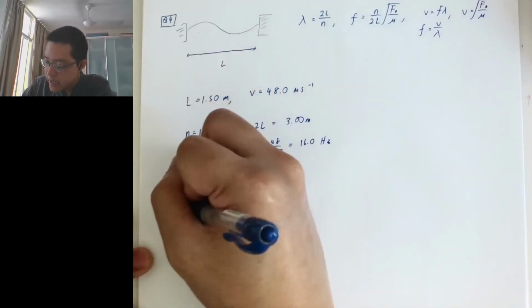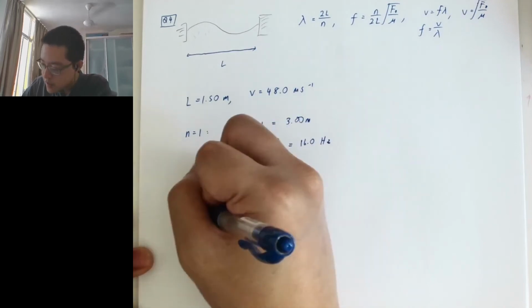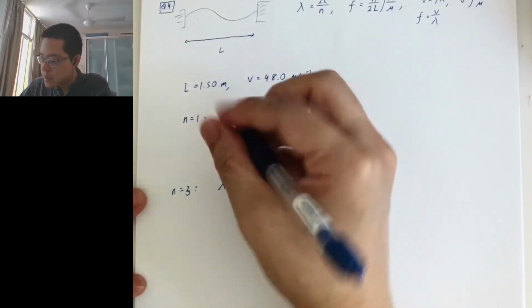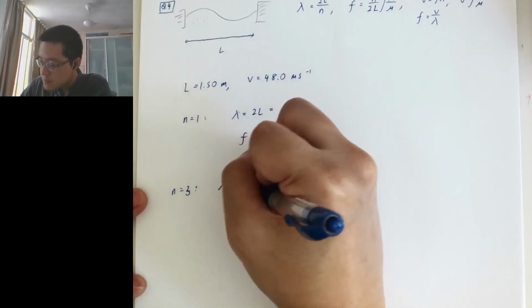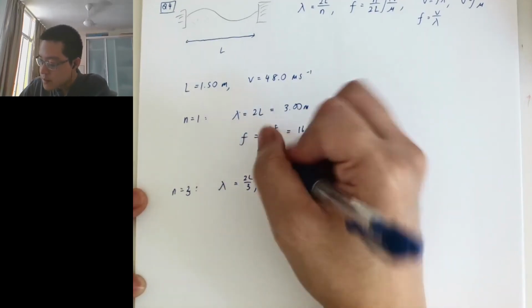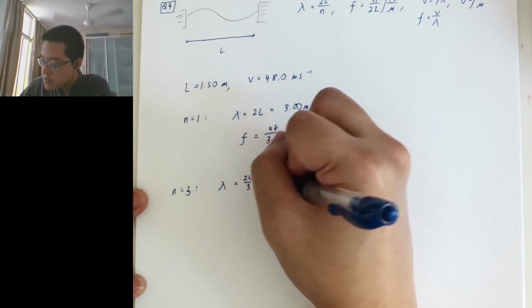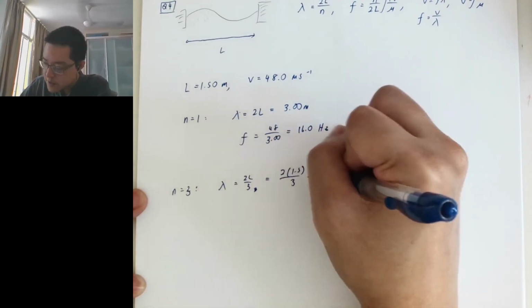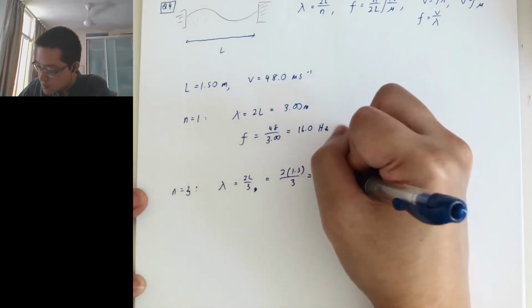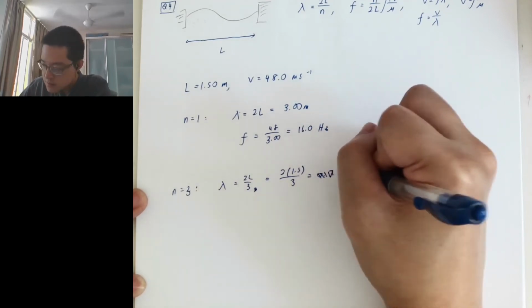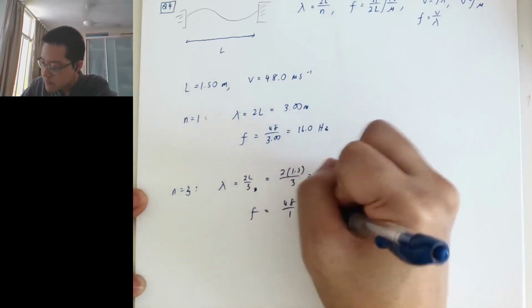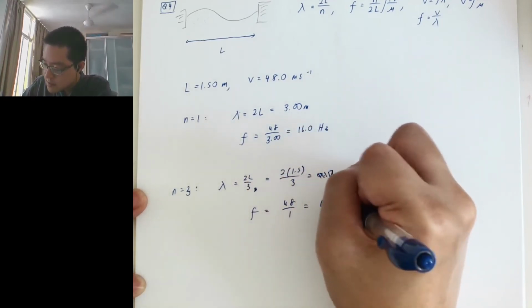And then for n equals 3, lambda is going to be 2L over 3. So this is 2 times 1.5 over 3, which is just 1 meter. The frequency is 48 over the wavelength, so it's 48 hertz.